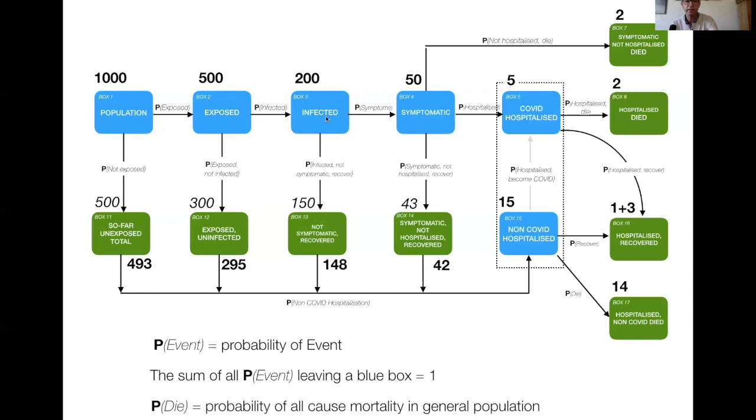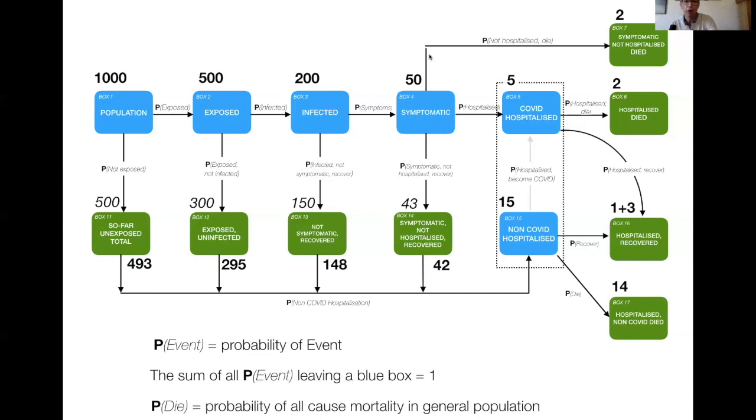The 200 that arrive in the infected box, let me say a quarter of them become symptomatic, 3/4 don't. I'm not necessarily using ratios I've seen from data, I'm just using something to make the numbers on the chart fairly straightforward. So 1/4 gets me to the 50 in box 4, 3/4 gets me to the 150 in box 13.